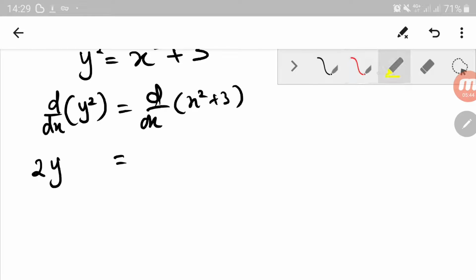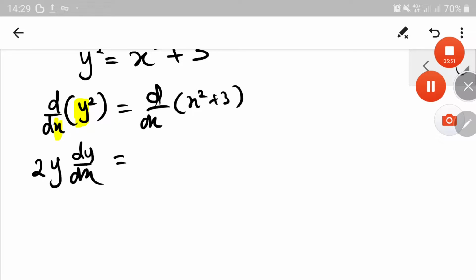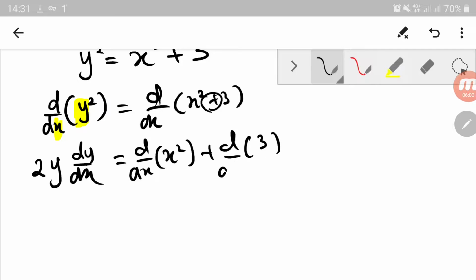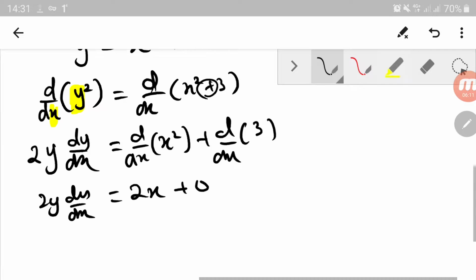But since the variables are different, we need to put dy/dx. For this one, since it's a plus, we can split them: plus d3 in terms of x. So this one becomes 2x plus 0. This one is 2y dy/dx.